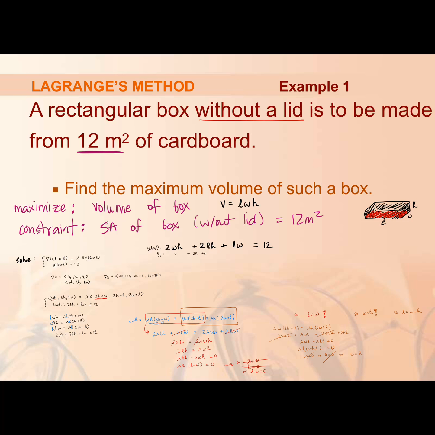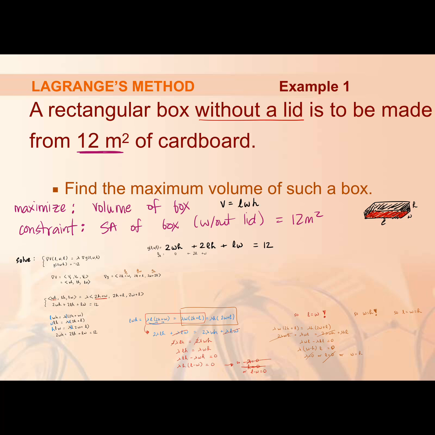Let me verify that I took my gradient properly. I think I did not take my, this should be the partial of G with respect to L. Sorry, this should be the partial of G with respect to L. This should be the partial of G with respect to W, and this should be the partial of G with respect to H. Okay, so let's verify my partials here.